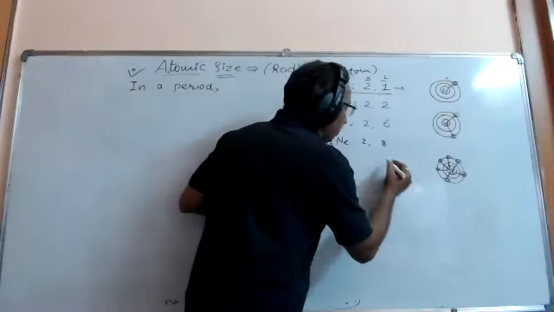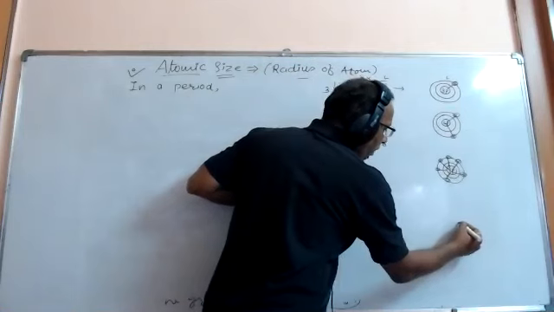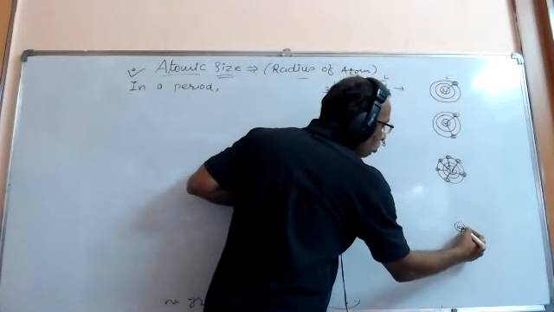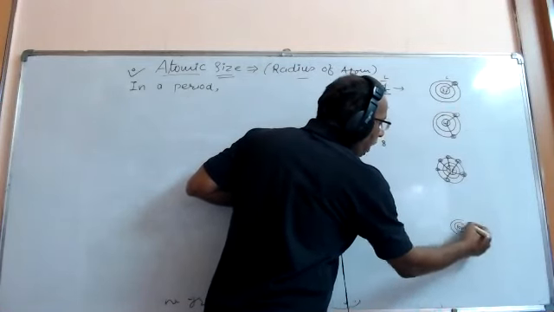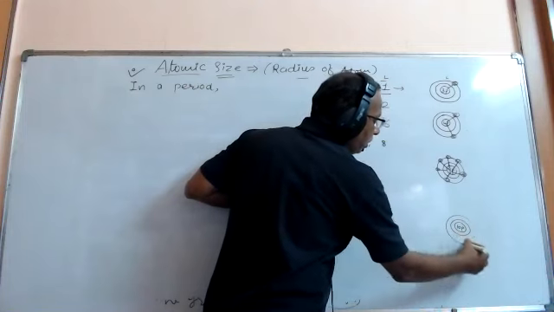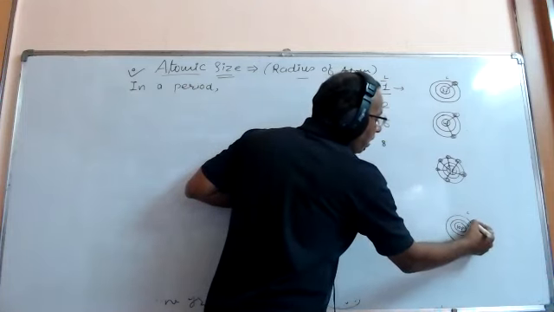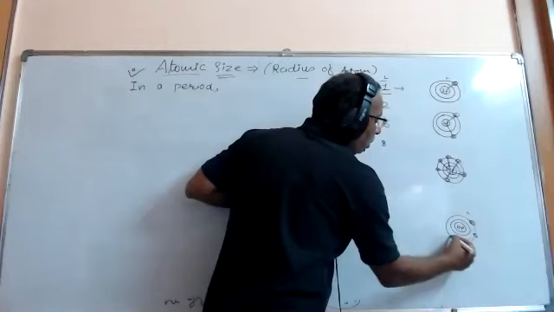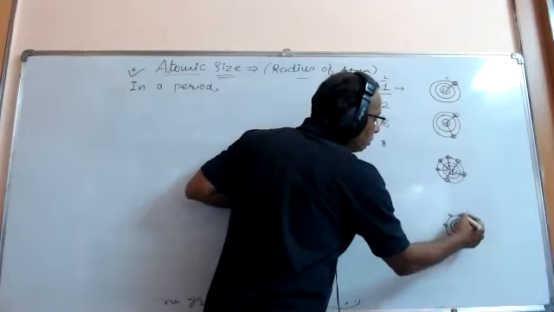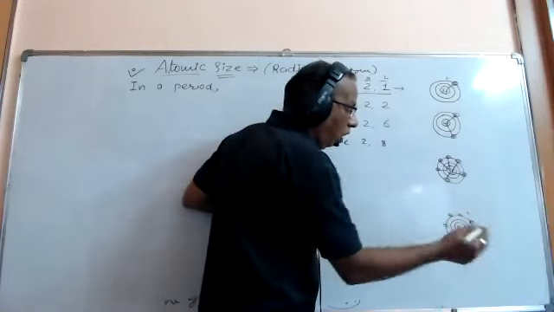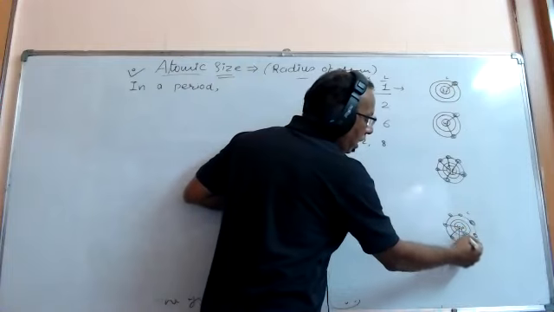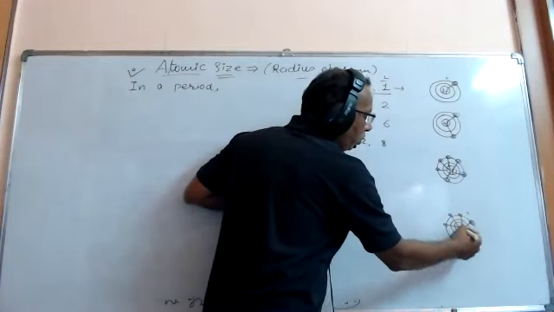And last, friends, is neon. In neon, there are a total of 10 protons present in the nucleus. And friends, this is the first cell, this is the second cell, L cell, having 1, 2, 3, 4, 5, 6, 7, and 8 electrons. All these 8 electrons are attracted by the nucleus.